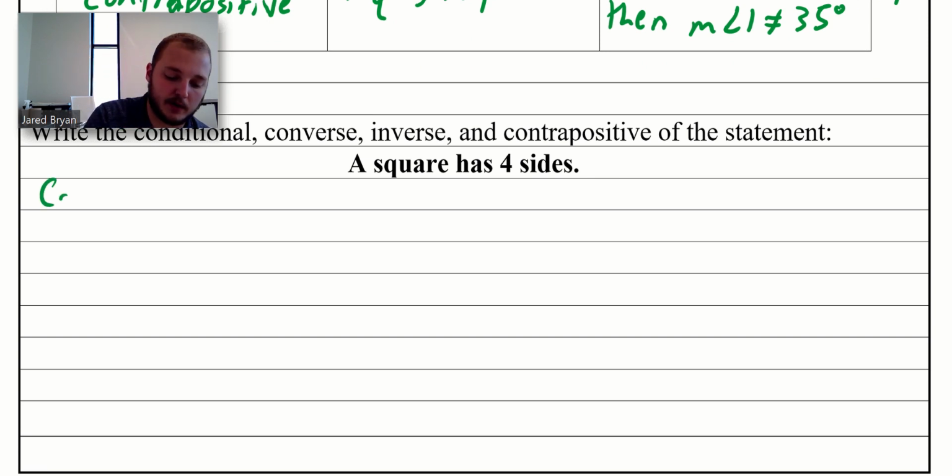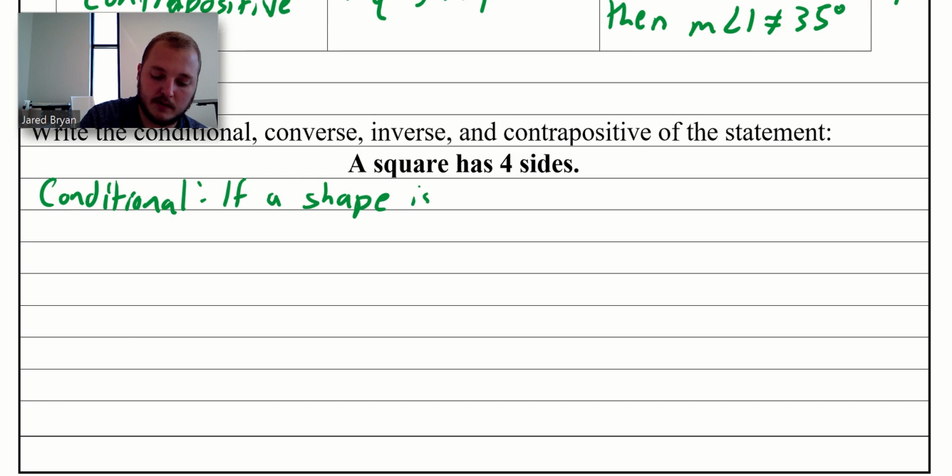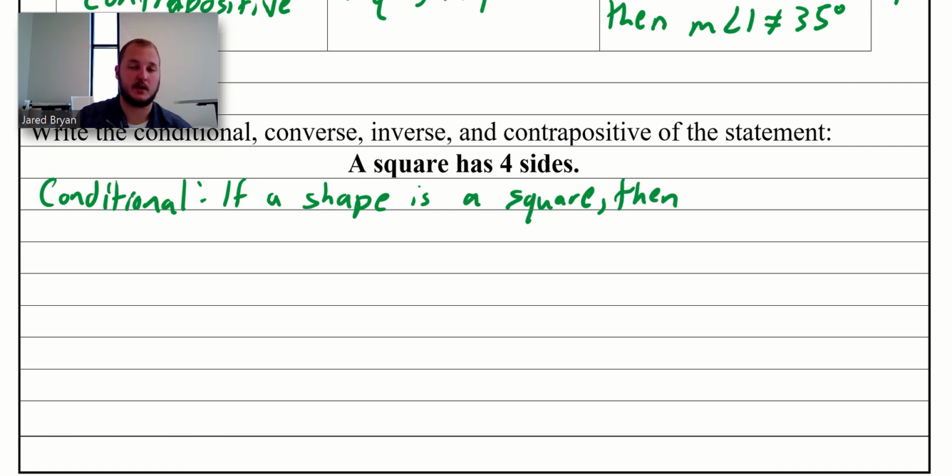First part is I need my conditional statement. I need to set this up so I know what my hypothesis is going to be and what my conclusion is going to be. If we were talking about a square, the square is that first conditional piece. So I'm going to say if a shape is a square, then what is the conclusion we come to?